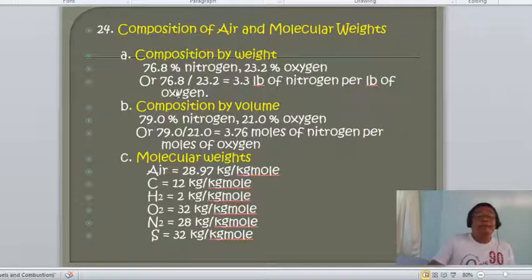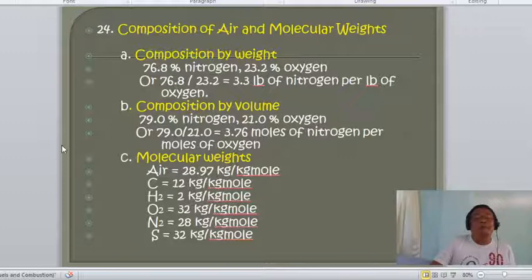Another, we have here the molecular weights. Take note, for air, that is 29, or 28.97 kilogram per kilogram mole. So, use 29, rounding off the value 28.97. And then the molecular weight of carbon is 12 kilogram per kilogram mole.